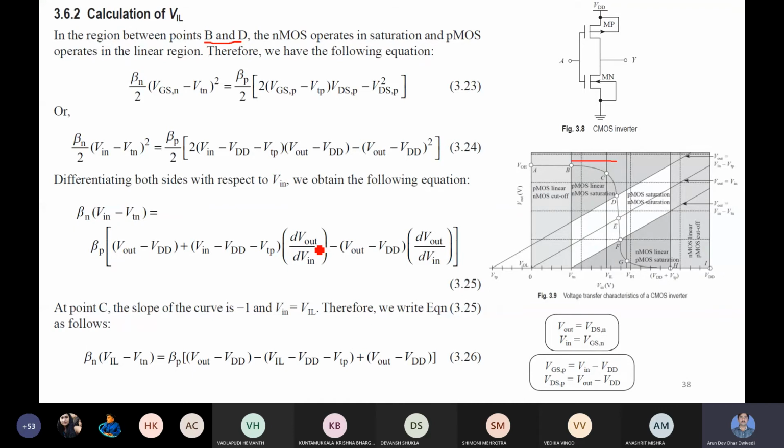So we substitute dVout by dVin equal to minus 1 in this equation.